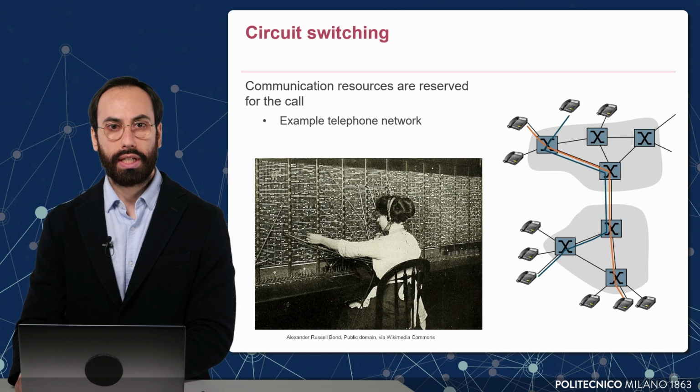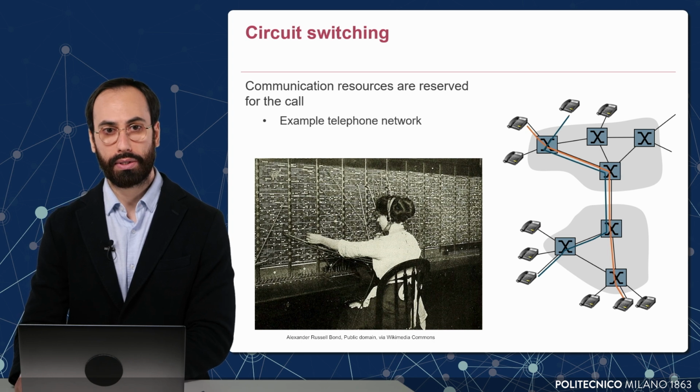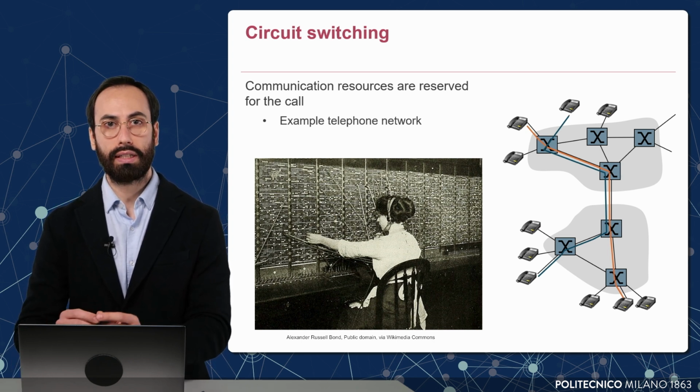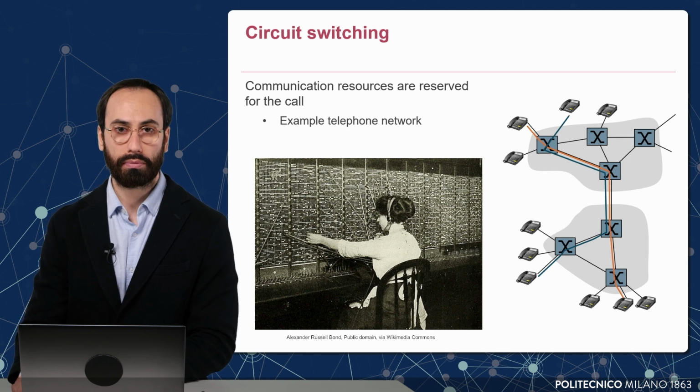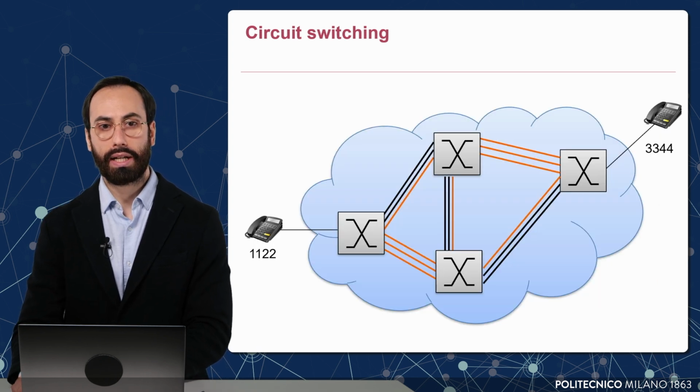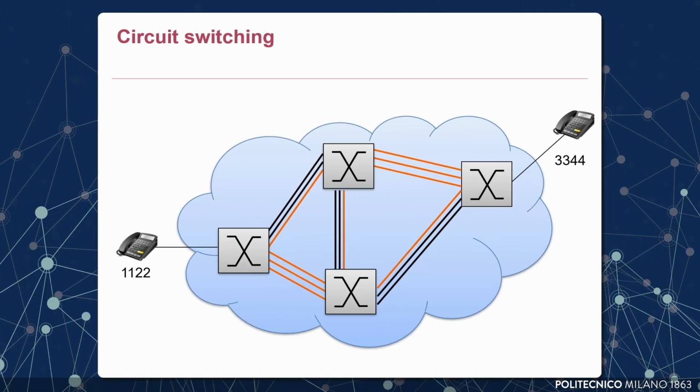The circuit switching is a type of switching that is typical of telephone systems, of old telephone networks, in which the communication resources are reserved for the entire duration of the call. But let's make an example. Let's say that we want to interconnect these two phones on a telephone network.